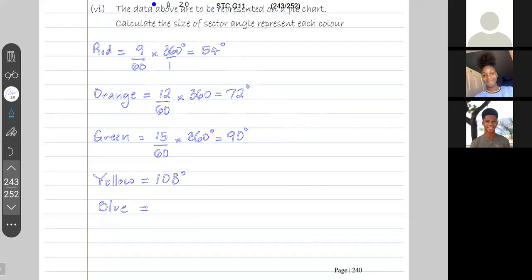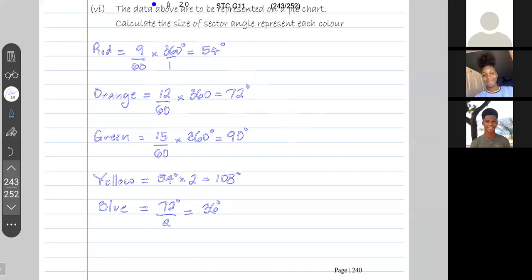Now orange, which is 12 students, is represented by a sector with a sector angle of 72 degrees. Blue, which is 6 students, is going to be represented by a sector angle which is half that amount. So this yellow would have been 54 degrees times 2, which is 108 degrees. And the blue would be 72 degrees divided by 2, which is 36 degrees, sorry.